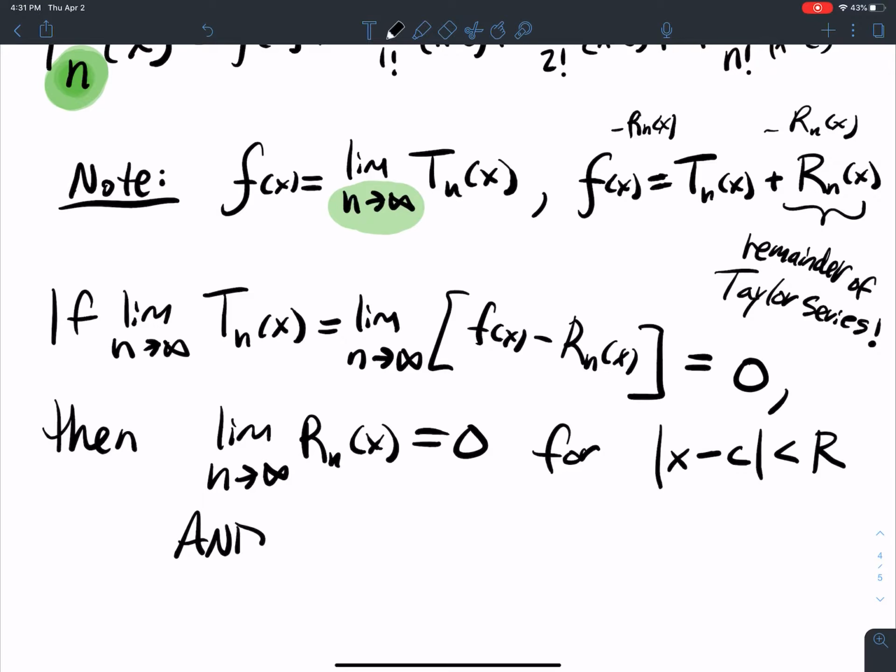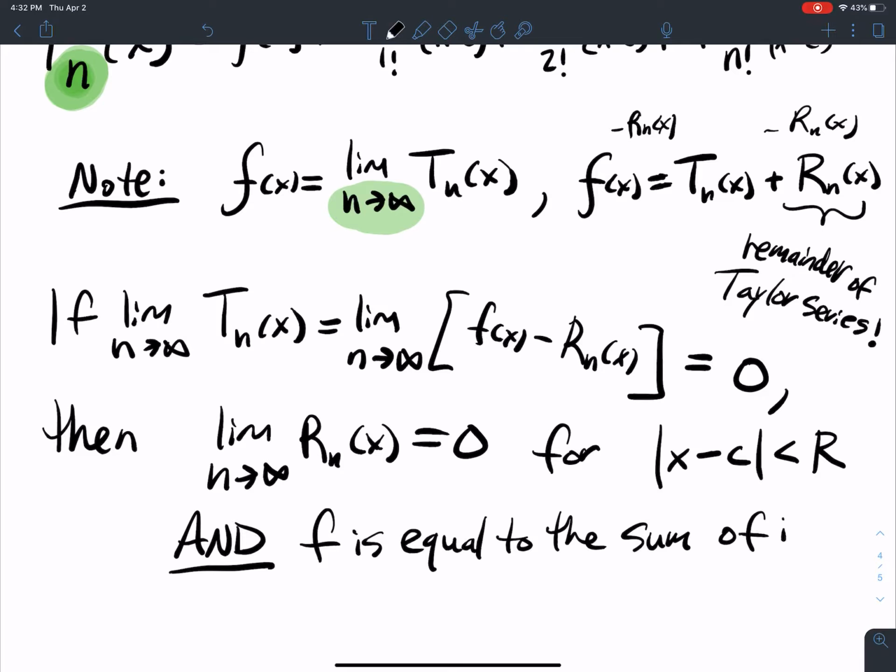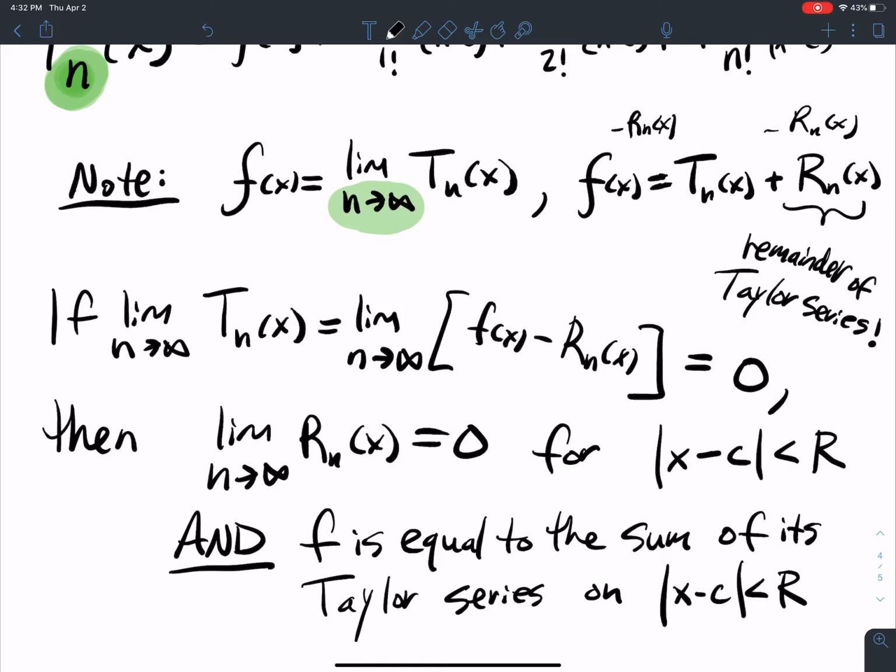And what else is true? f is equal to the sum of its Taylor series on the interval of convergence.